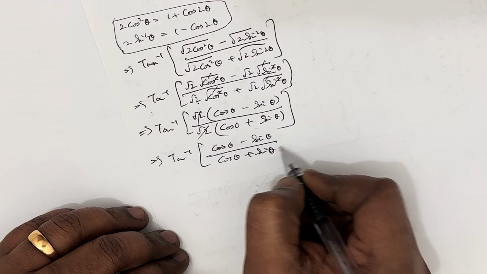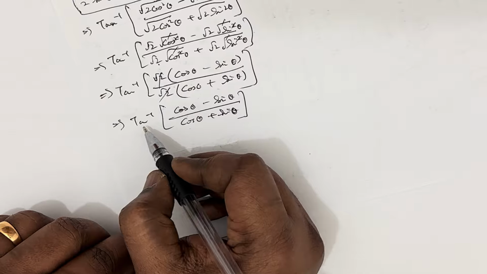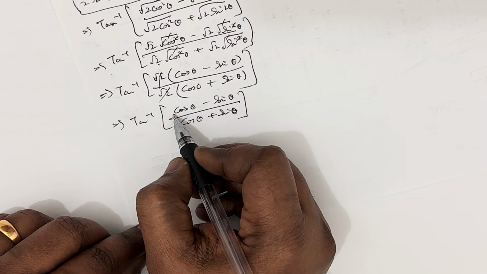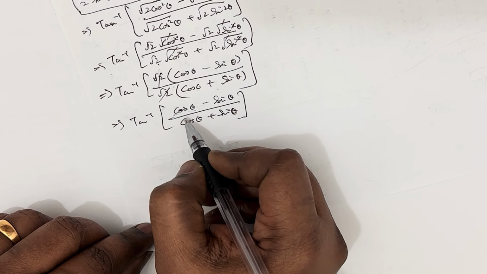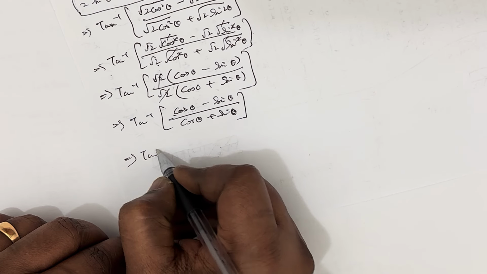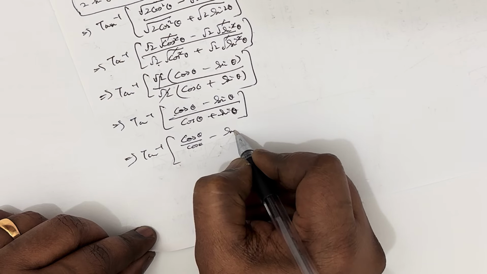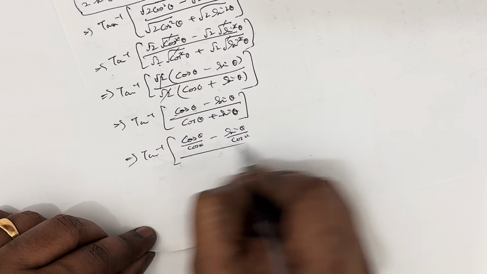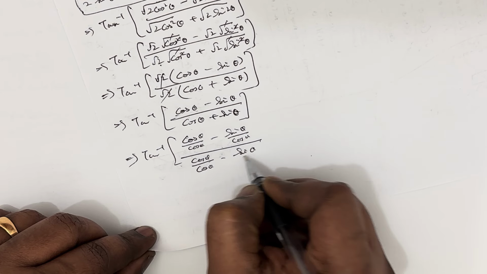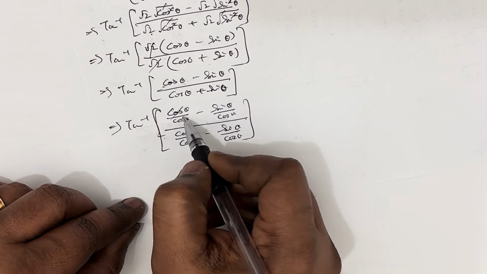Now let's take cos θ common, or instead you can divide all these cos and sin by cos θ. We can do both. So we'll do cos θ divided by cos θ minus sin θ by cos θ, divided by cos θ by cos θ plus sin θ by cos θ. Here cos θ and cos θ get cancelled.